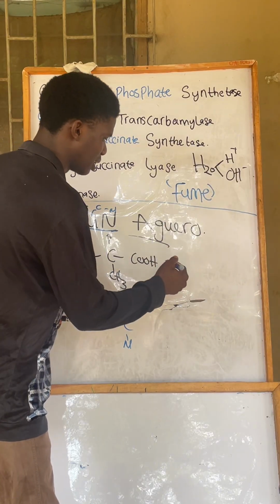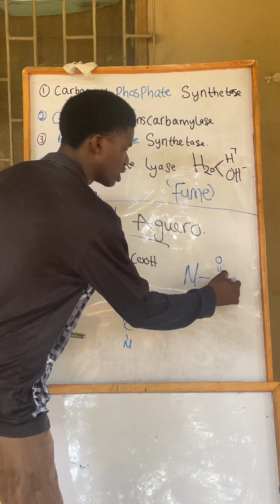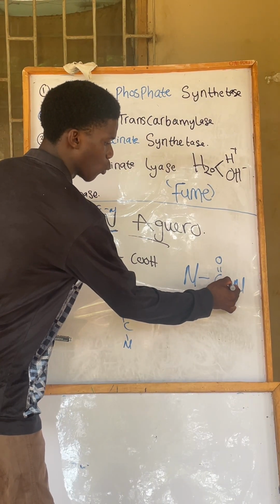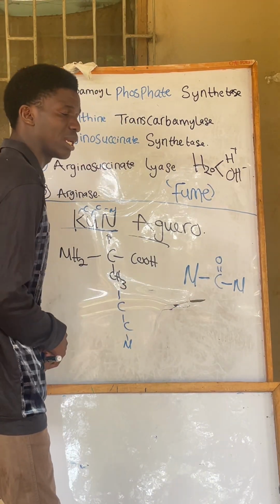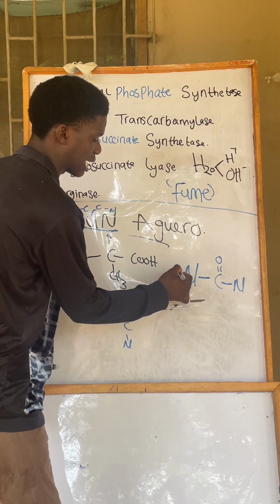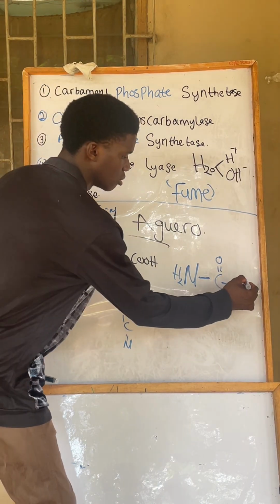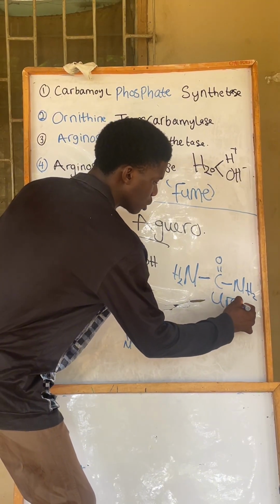The structure of urea: nitrogen, carbon which is carrying oxygen, and another nitrogen. The bonds around the carbon are four: one, two, three, four. Nitrogen is also supposed to have how many bonds around it? Three bonds. So this one is having one. Add two hydrogen to it so that it will have three bonds. So this is urea.